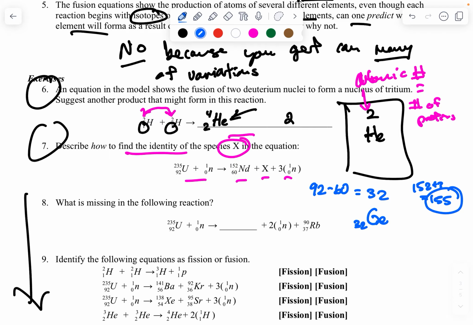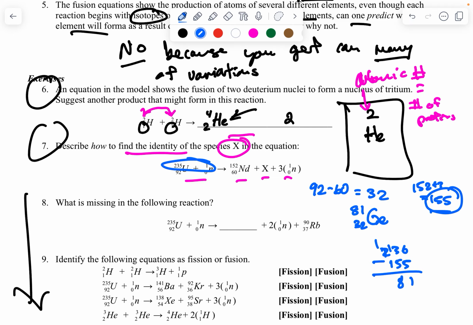Anyways, we have 155, and what adds to 155 to give us 236? In this case, you just do 236 minus 155. This gives us 81.